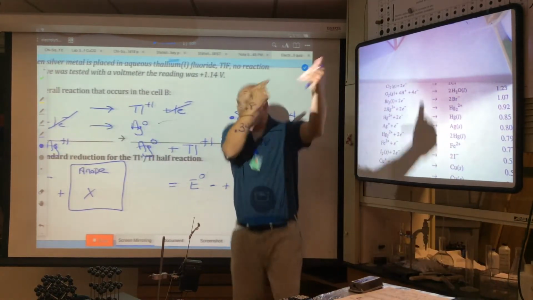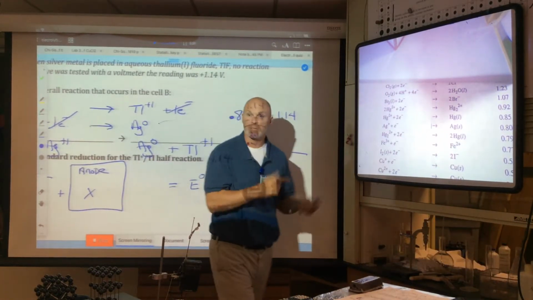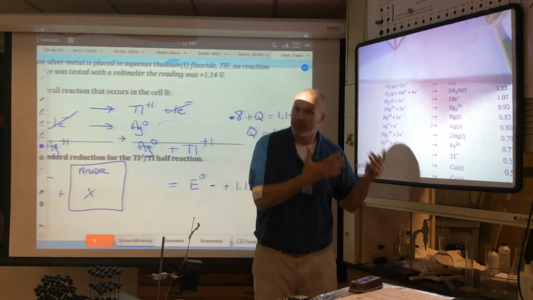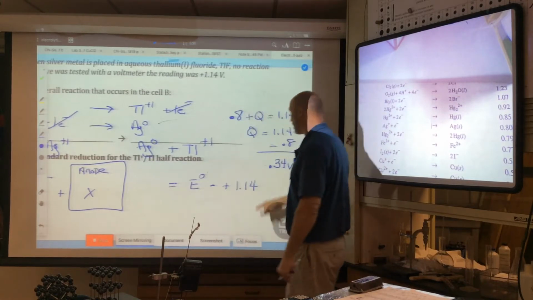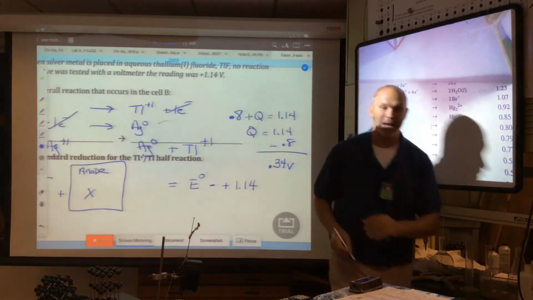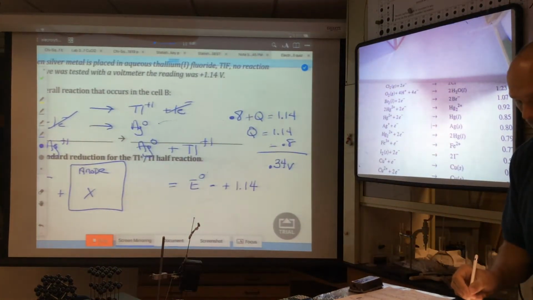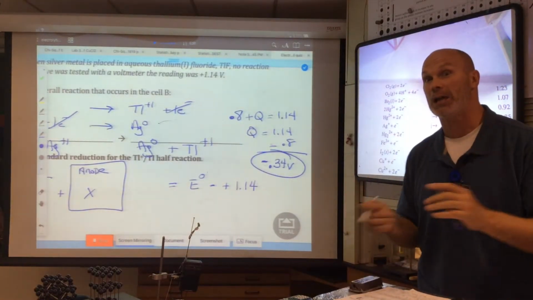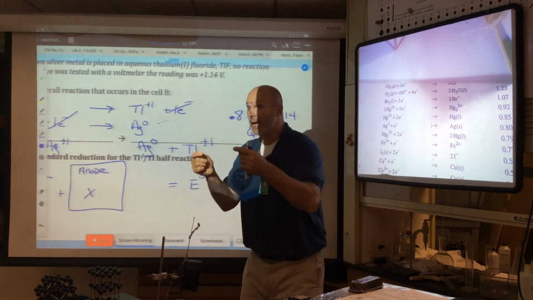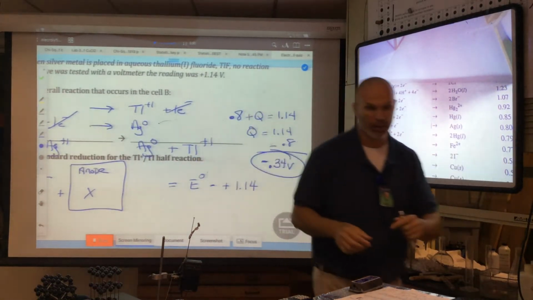But in terms of the convention they set up, how would it be listed as a standard reduction potential? It'll be negative 0.34. If you forgot the negative, it is wrong. I know that's a little nasty, but that's an AP problem. You have to pay attention to signs. Why? Signs tell me direction. Okay, moving on.